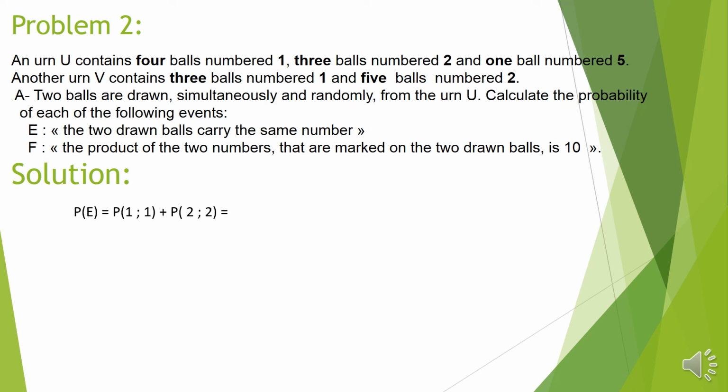For 1 and 1 it is C 2 out of 4, because I have 4 balls carrying number 1, plus C 2 out of 3 for number 2. We can't take number 5 because there is only one ball number 5.